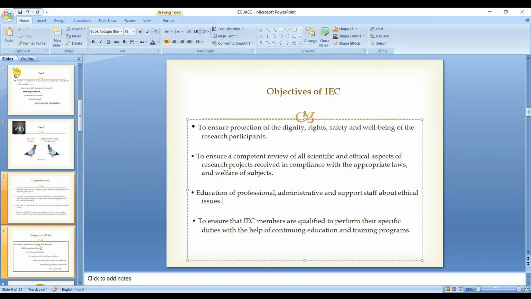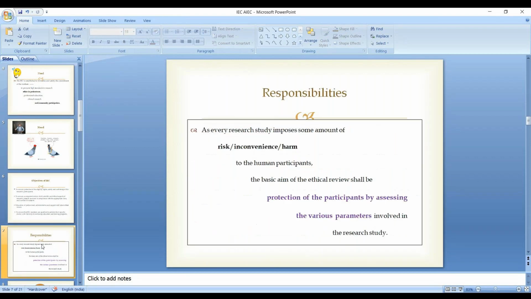IC has certain responsibilities. We are all aware that there are certain risks in each and every study.